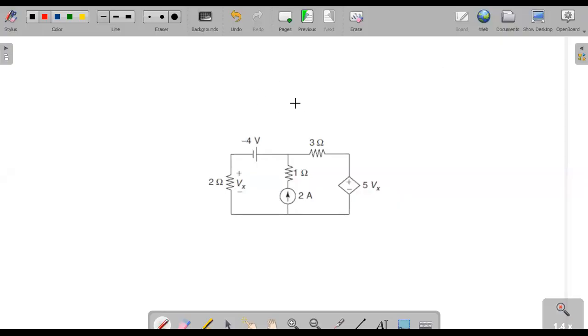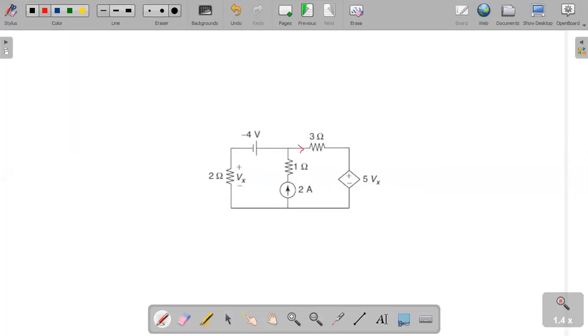In this given problem, it is asked to find the current flowing through this 3 ohm resistor. For finding this we can use various techniques, but let us try to apply mesh analysis. There are two meshes over here. One is this with the current I1 flowing through it, and this is the second mesh, let us assume, with the current I2 flowing through it.